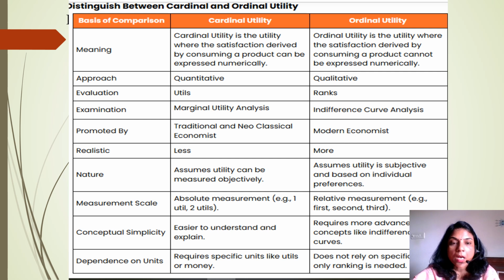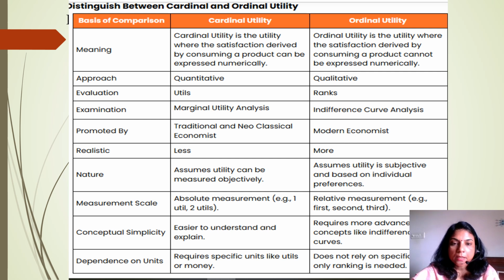The approach of cardinal utility analysis is quantitative in nature, while ordinal is qualitative. Evaluation: cardinal utility analysis is evaluated in terms of utils, but ordinal is evaluated by ranking the products or services as per preferences.